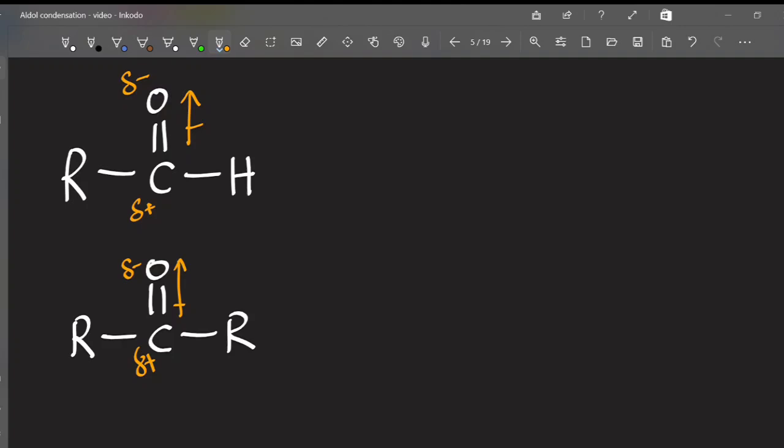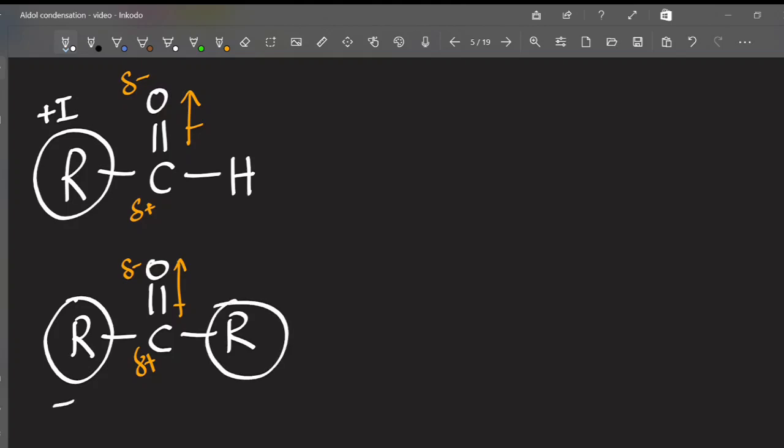In aldehydes we can see one R group, which is an electron donating group, our plus I group. Similarly, in ketones we can see two alkyl groups, both of which are going to release electrons to the electrophilic carbon. So the carbon is going to be satisfied to the maximum level in ketones, because two friends are there to help, which means the carbon will become less electrophilic.